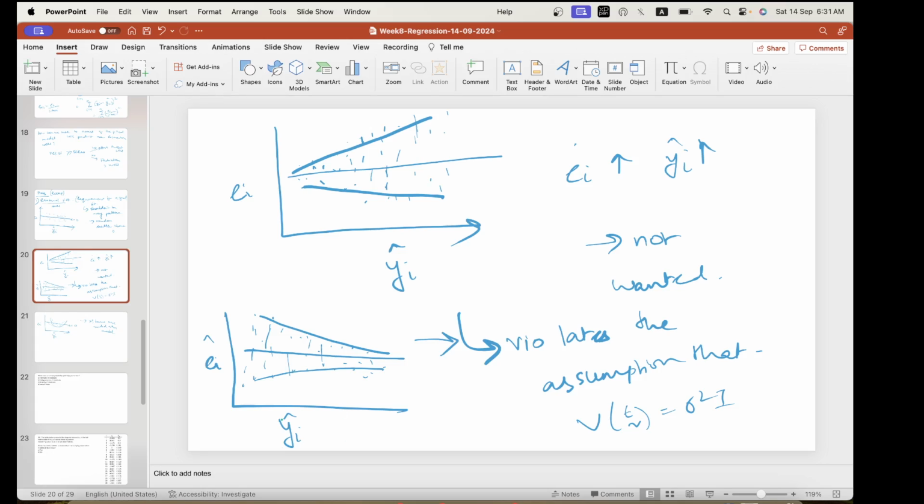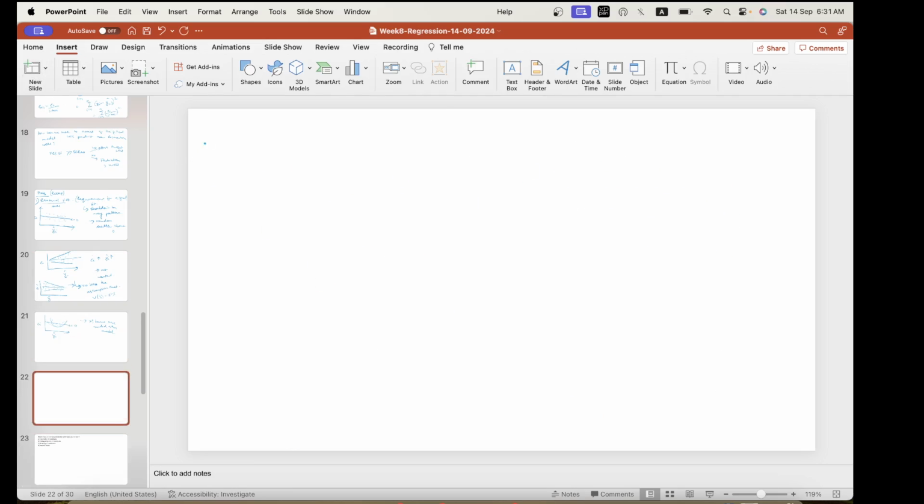Since we are testing the assumptions, we also learned about another plot, which is the normal probability plot.